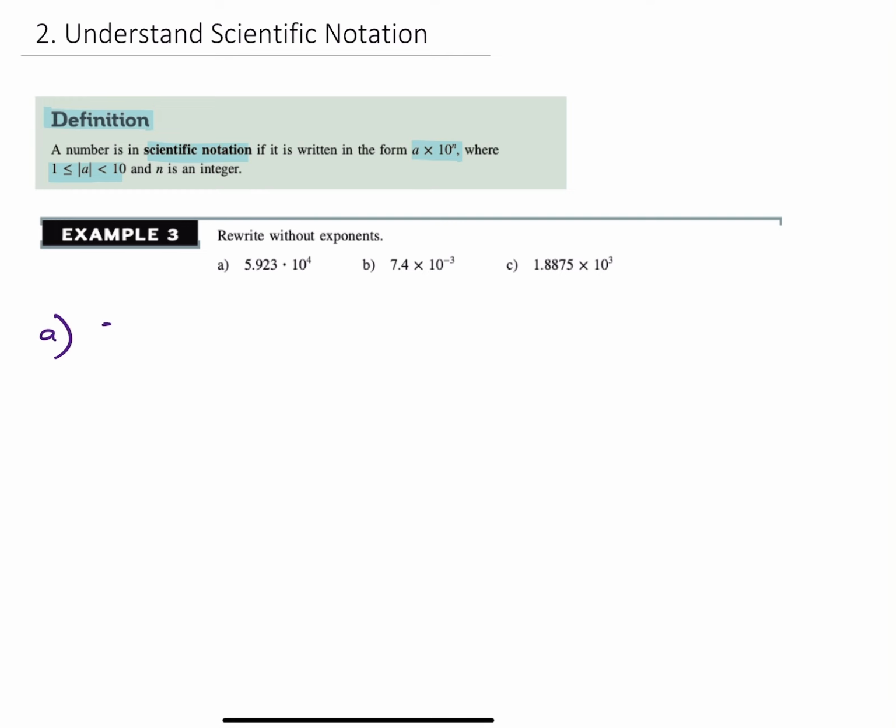So for part A, we have 5.923 times 10 to the fourth. I'm multiplying by a positive power of 10, so it's going to take the decimal and move it to the right 4 spaces. 1, 2, 3, 4. I get this extra place that will be filled in with a 0. So this should be equal to 59,230.